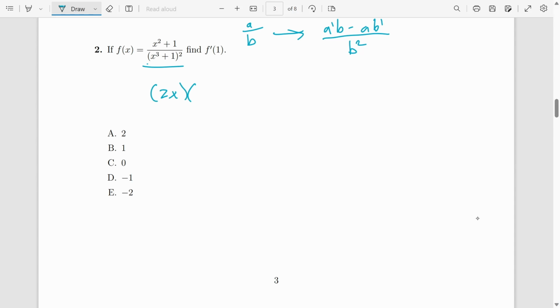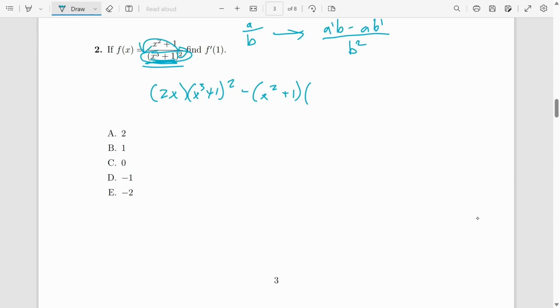And then times b all by itself, which is x cubed plus 1 squared, and then minus a all by itself unchanged, x squared plus 1, times the derivative of b. Now we have a nested thing. To take the derivative of b, we have to do the chain rule: put the 2 out front and multiply it by the derivative of the inside.